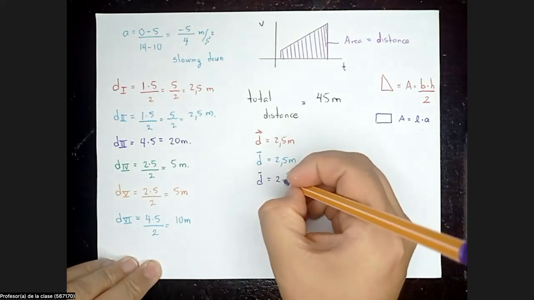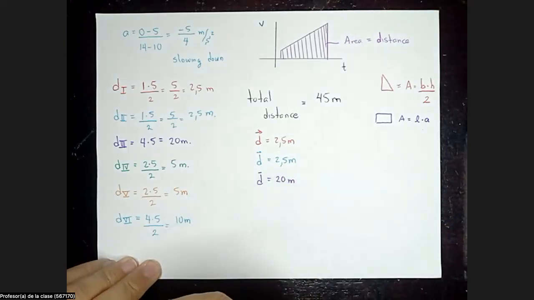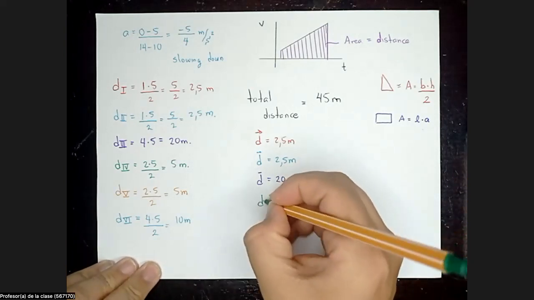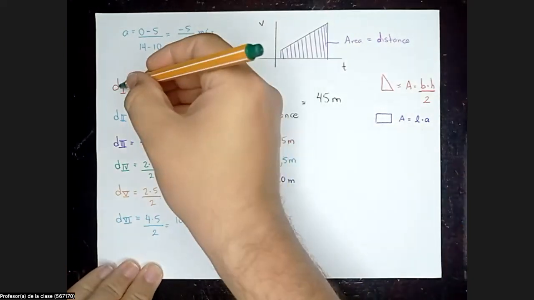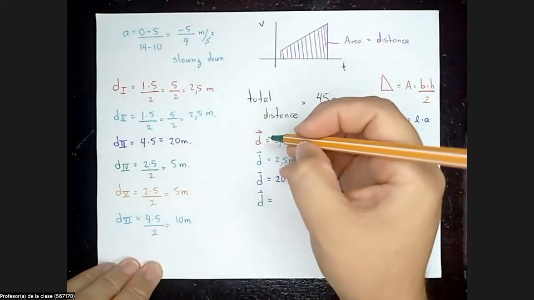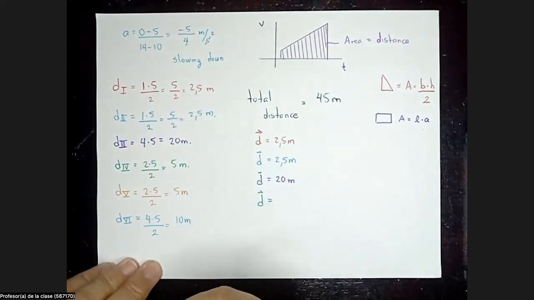So I am writing again all the distances to calculate the displacement. Remember, distance is without an arrow above the letter.